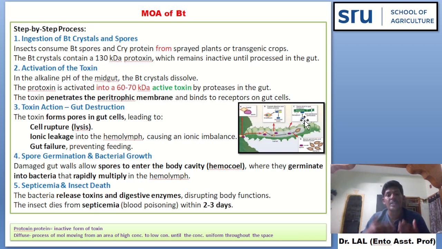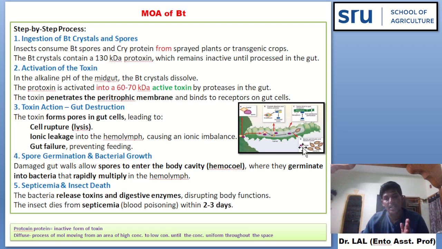This activated toxin causes gut destruction by forming pores in the gut cells. The formation of the pores leads to cell rupture, ionic leakage into the hemolymph, and gut failure that prevents insect feeding.